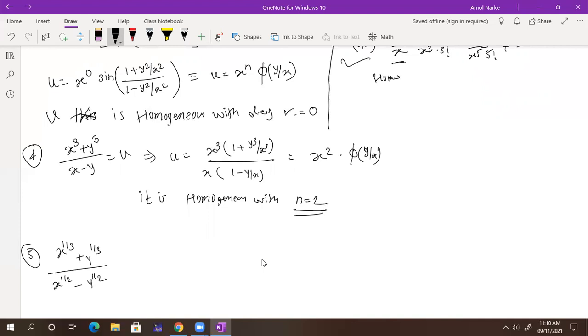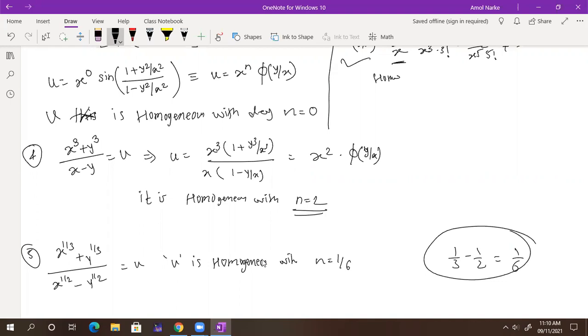It is homogeneous with degree n equal to 1 by 6. How do you calculate it? 1 by 3 minus 1 by 2. That is minus 1 by 6. Yes or no?